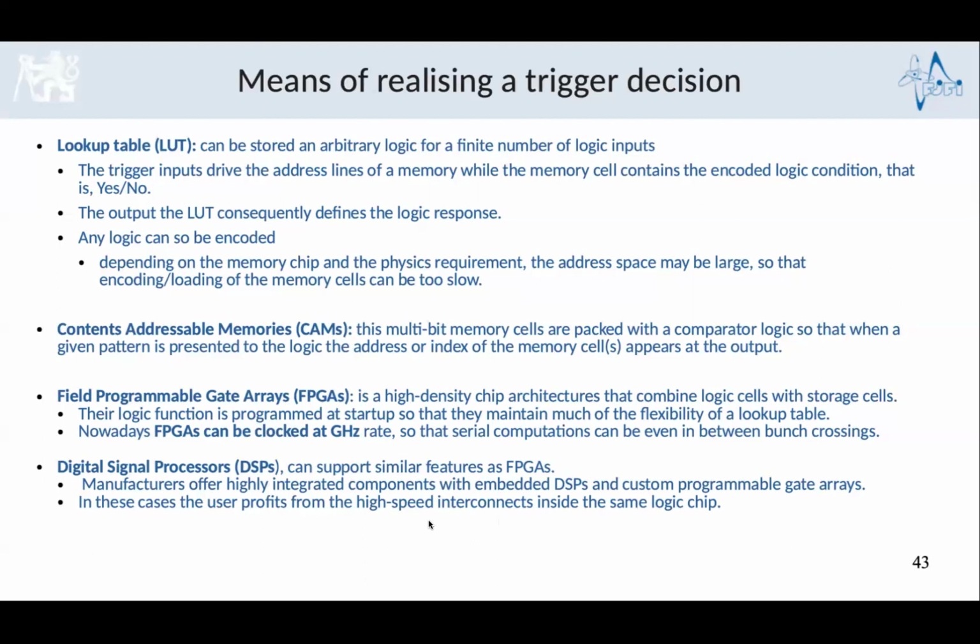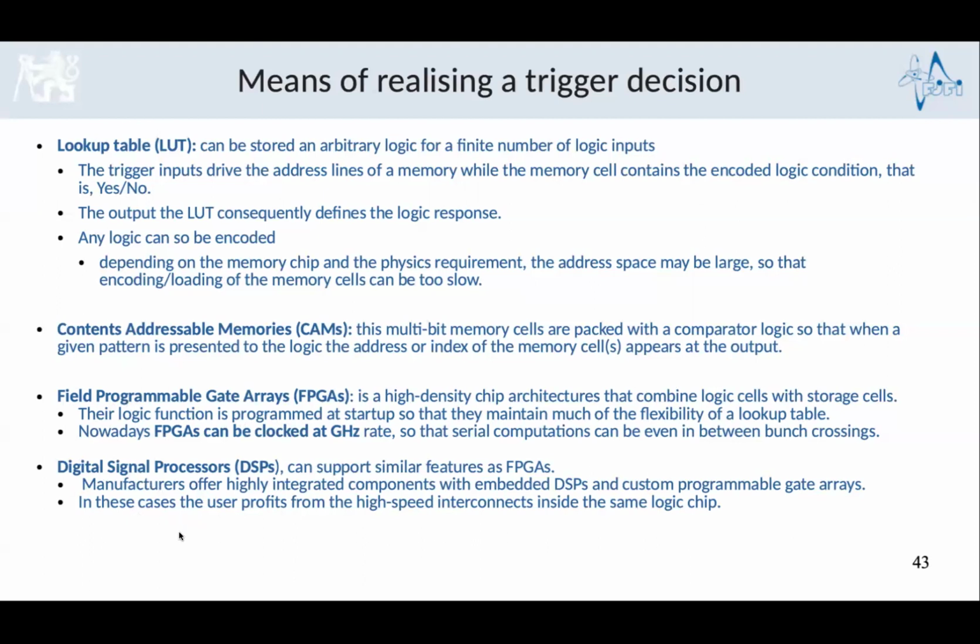And they are used at a very high speed. But to be honest, I haven't seen that these are used for the purpose of trigger. The most common thing is to use FPGAs, but it's also common to see a combination of these two things, the FPGAs and fast digital processors.